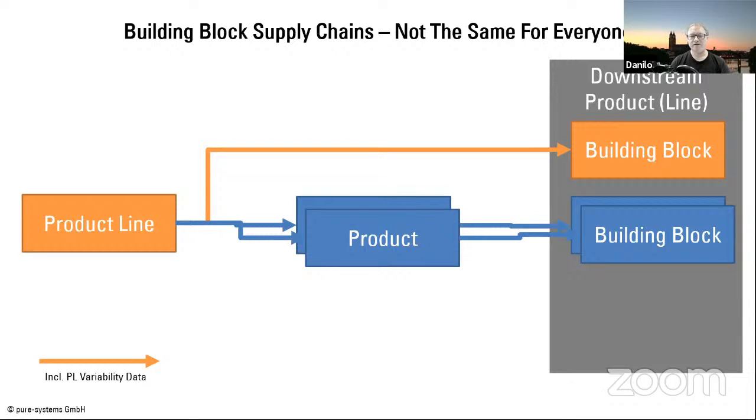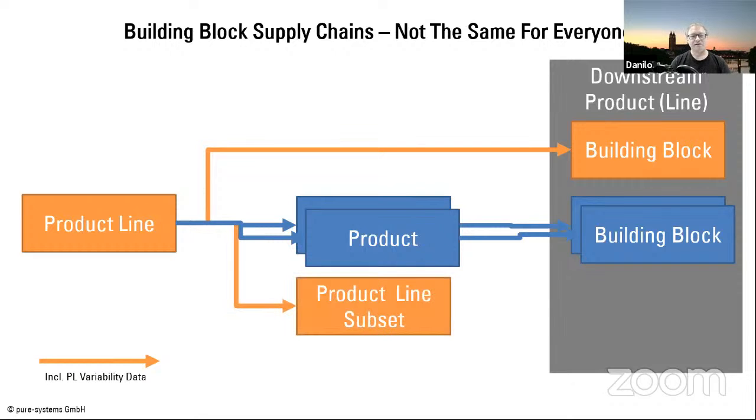But in many cases, we learned that something in the middle is really what is of interest, and that is a product line subset. It is configurable, but it's not fully configurable, meaning that a downstream subset of the product line is created and then shipped as a building block.